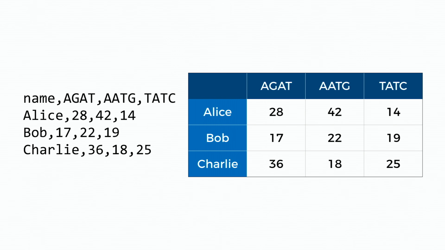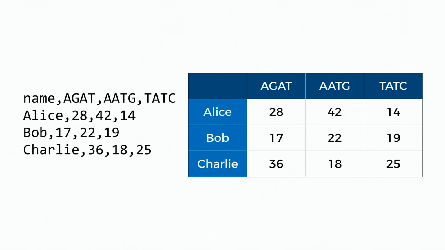And the way to interpret this is that Alice has the DNA sequence AGAT repeated 28 times consecutively somewhere in her DNA. She also has the sequence AATG repeated 42 times consecutively somewhere in her DNA. And she has the TATC sequence repeated 14 times elsewhere in her DNA. Bob has the same thing with different numbers, and Charlie has the same STRs with different numbers as well.